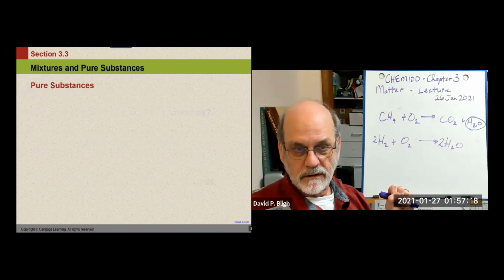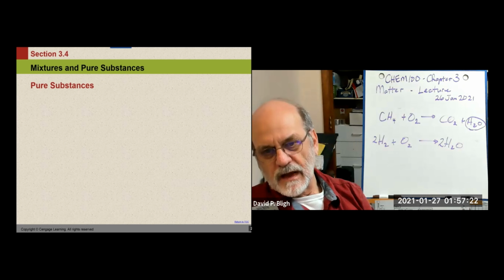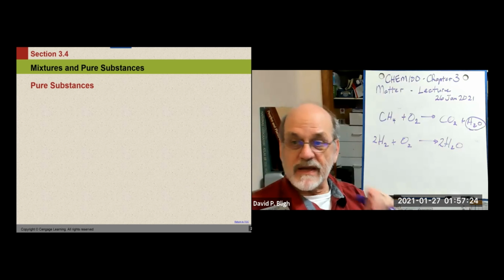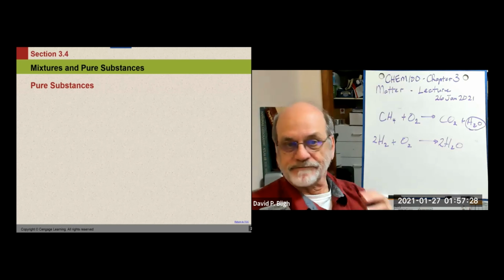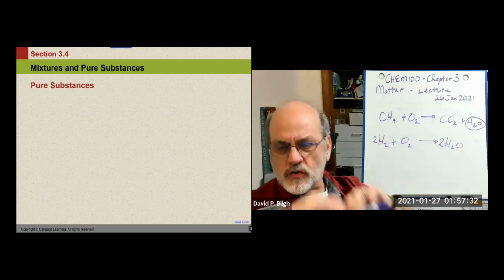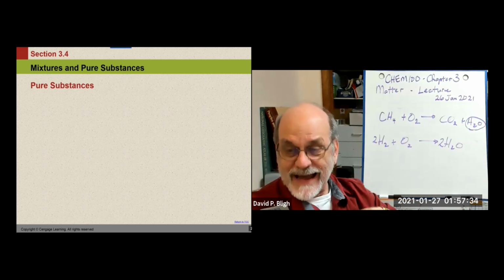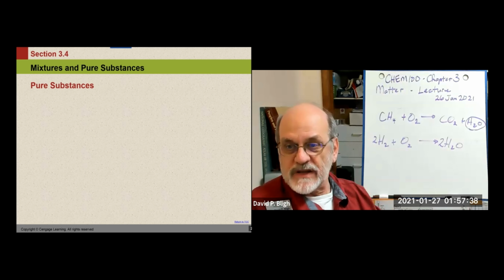Now, what's a pure substance? Well, a pure substance can either be an element or a compound, and as you break it down, so you subdivide it into smaller and smaller pieces.